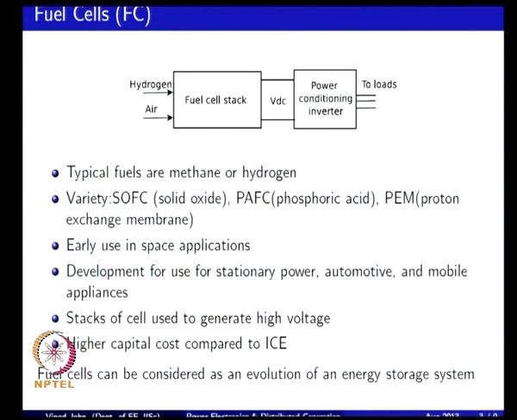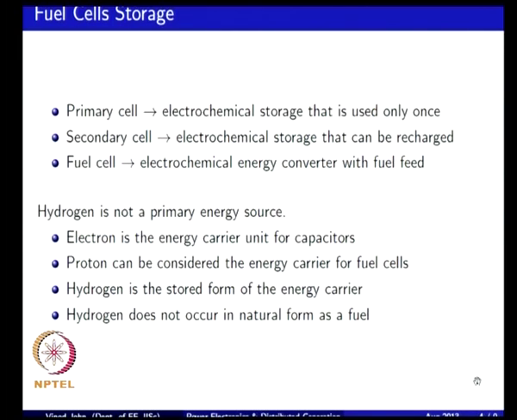If you look at the fuel cell, you can think of it as an evolution of an energy storage system. A primary cell is an electrochemical energy storage system that can be used once. So, when it is dead, you throw out the primary cell battery and replace it with a new cell.